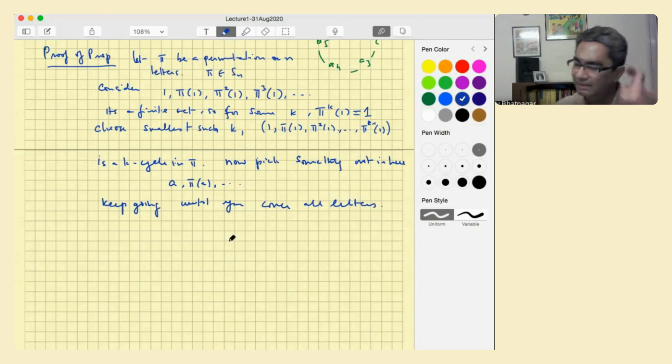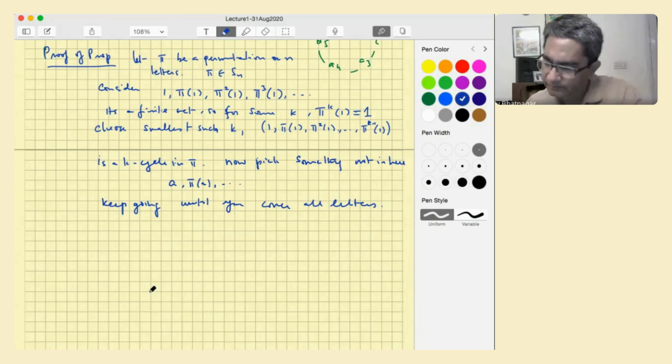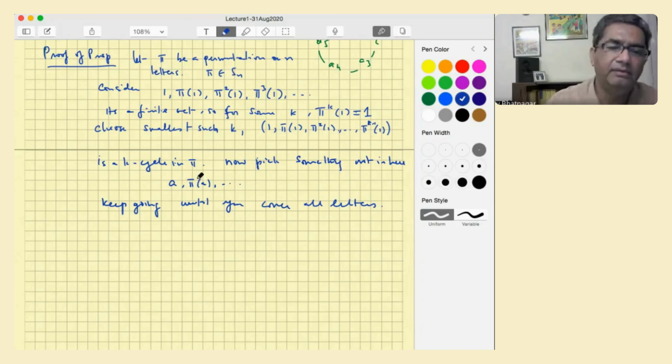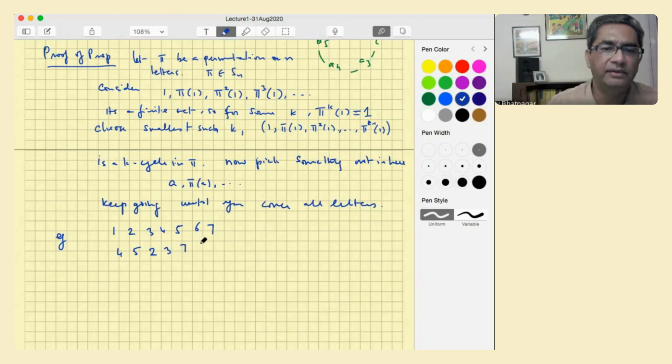I'll just do an example very quickly. Well, I have a trivial example. So let's say this is 4, this is 5, this is 2, this is 3, this is 7, this is 6, and what's left? 1.